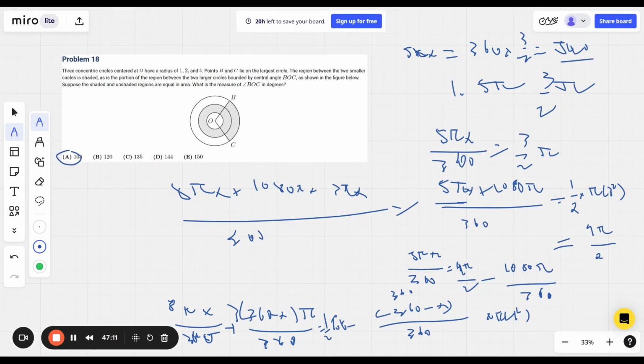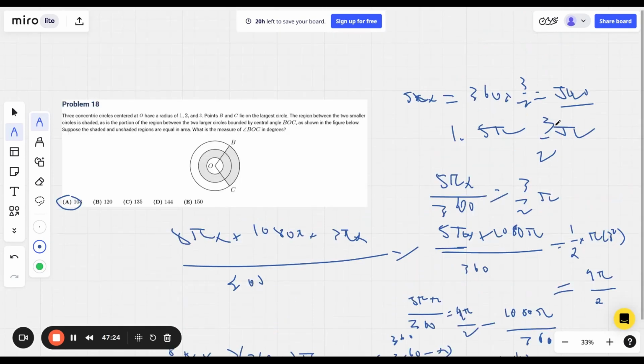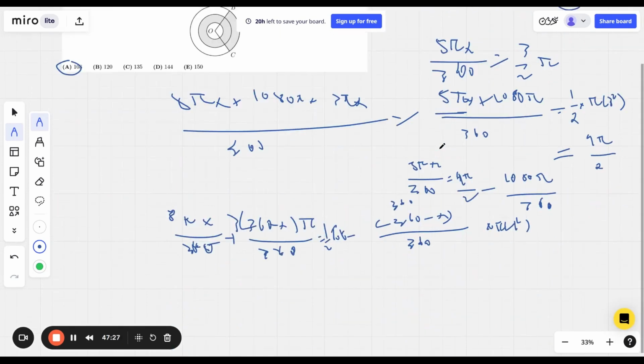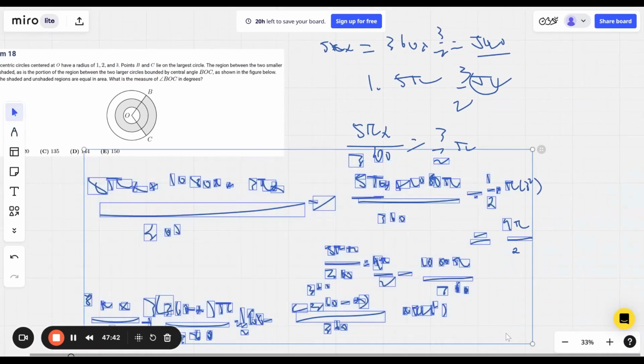Well, basically, that A is our answer, assuming we didn't write anything wrong. Pi here, pi here. I found the multiple choice, so I think that's correct.